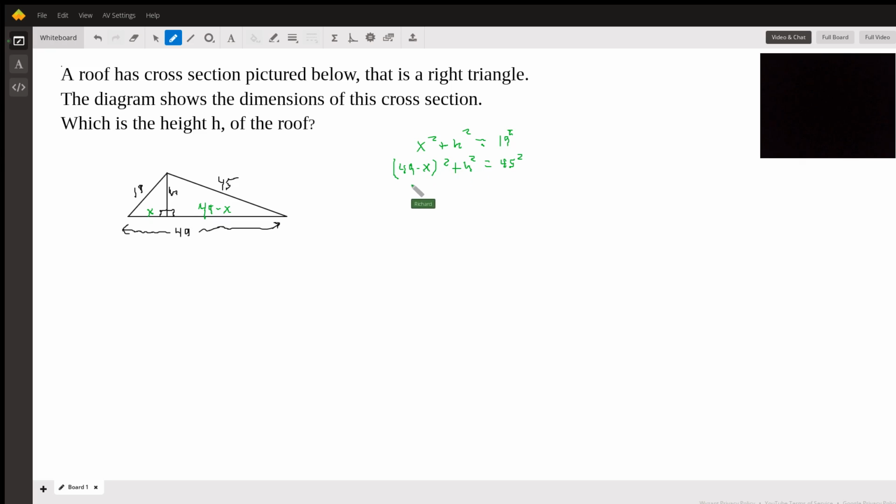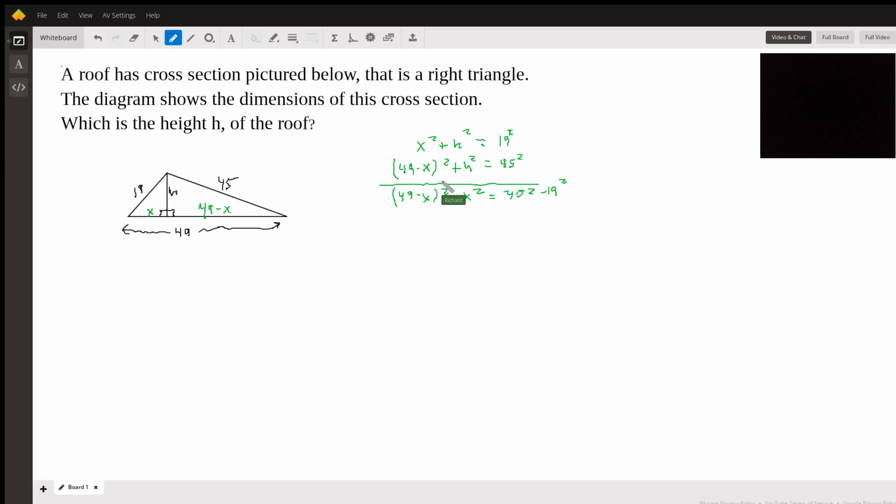Now I can subtract the upper equation from the lower equation. I'm going to get (49 minus x) squared minus x squared is 45 squared minus 19 squared.